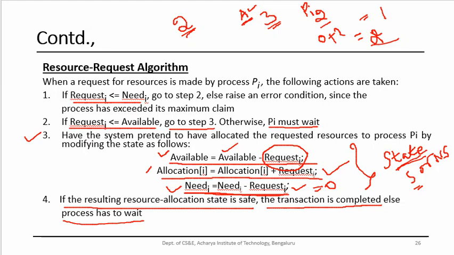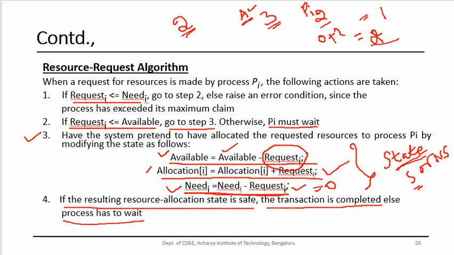So that is what avoidance is. It is like, in COVID time, what is avoidance? Social distancing, wearing masks, and using sanitizers. These are the precautions that we take to avoid the spread of this virus. So similarly here, why is it called avoidance?